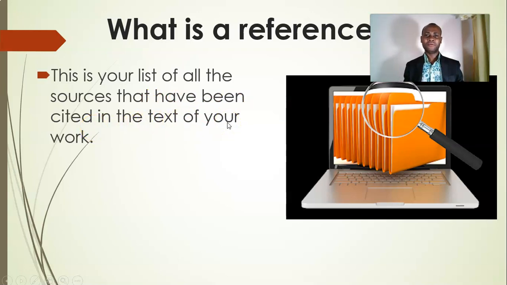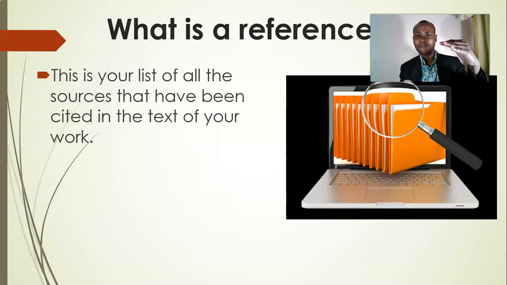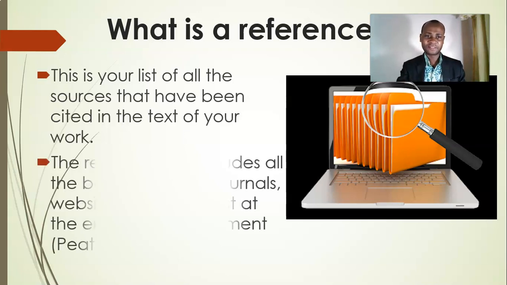Now we are talking about the reference list. So after you are done doing all the citation in the text, everything you have included in your text should be provided in a list below the main work. It should be listed, and that is called a reference list.